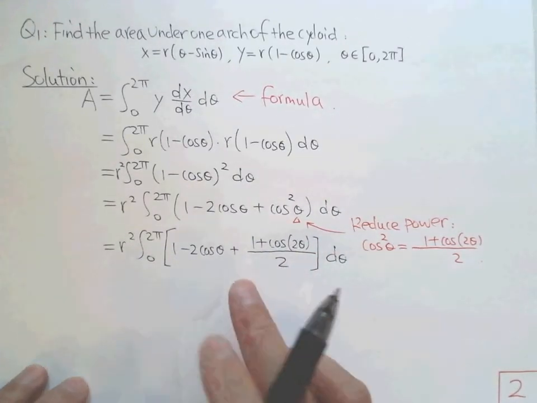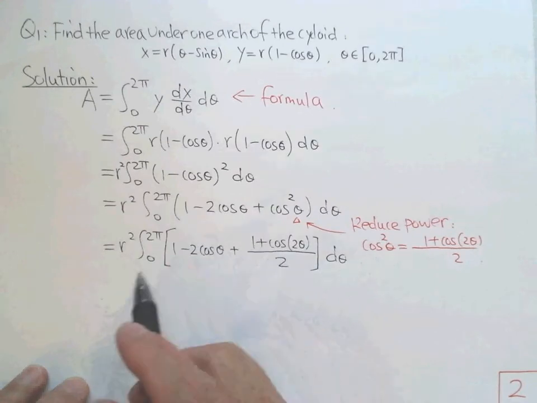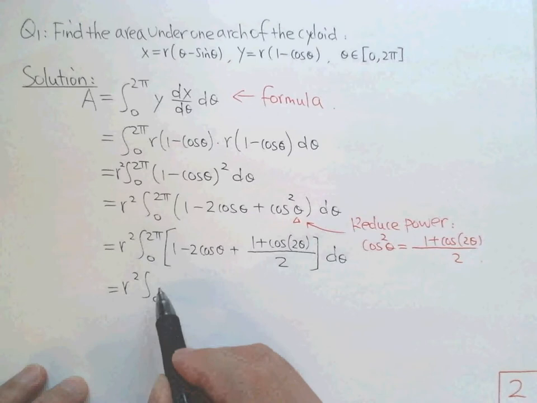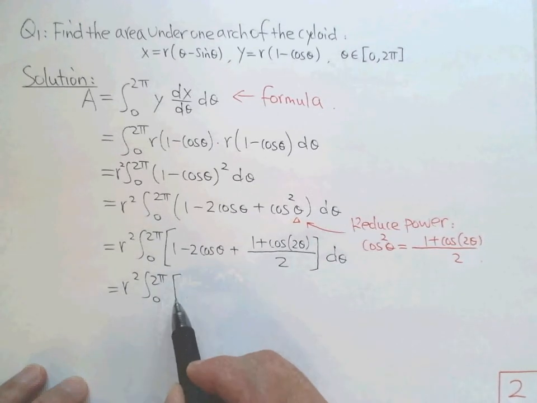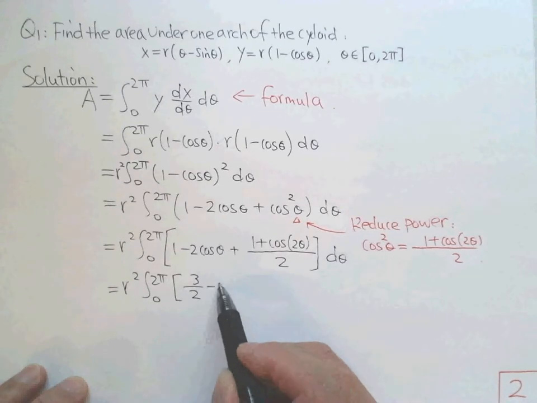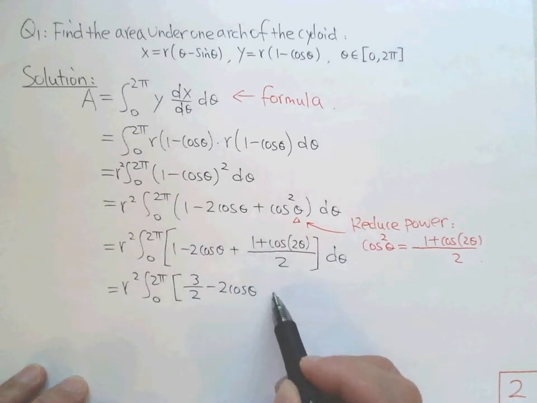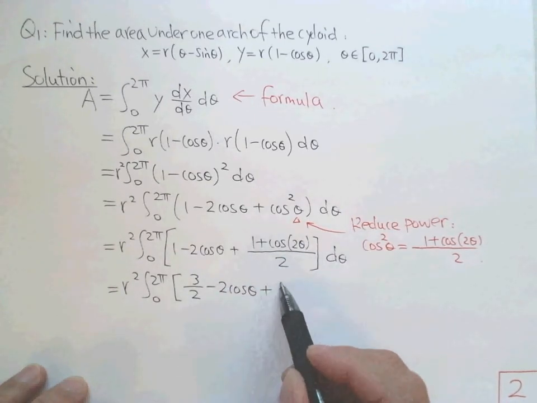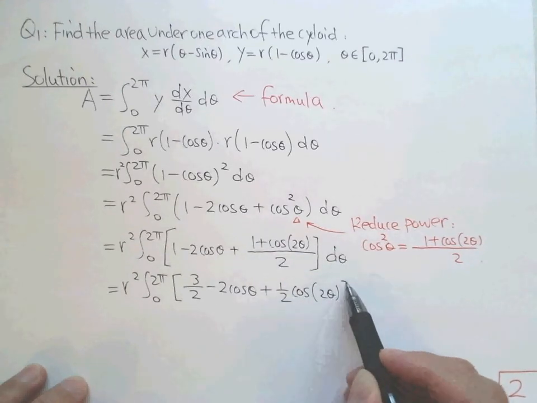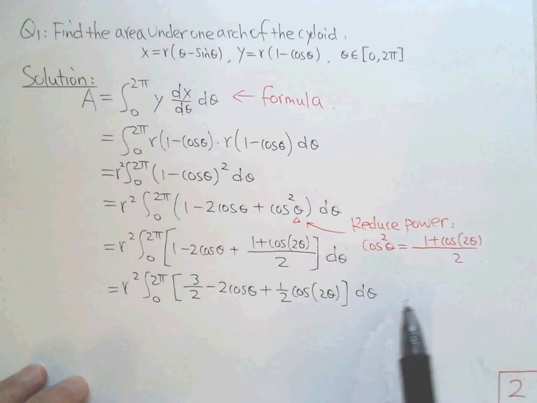Inside the integrand, we can put the like terms together. We have r squared, from 0 to 2 pi, of 1 plus 1 half, which is 3 over 2, minus 2 cosine theta, plus 1 half cosine 2 theta, d theta.